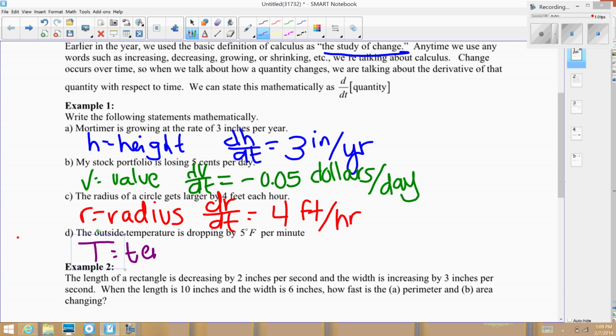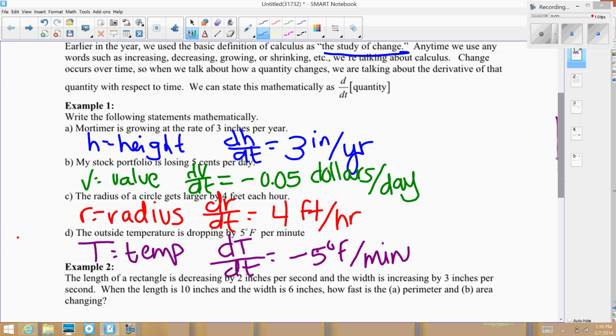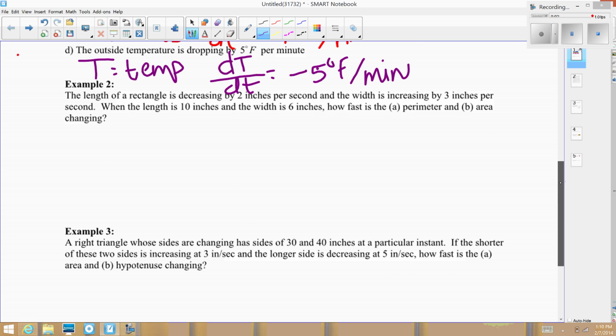I didn't use a little t because I'm going to use that in a second. So the rate that the temperature is changing, it's dropping by 5 degrees Fahrenheit per minute, which is pretty quick. All right, so all we're talking about is just these rates. Somehow it's changing, okay? And we'll be specifically saying how.